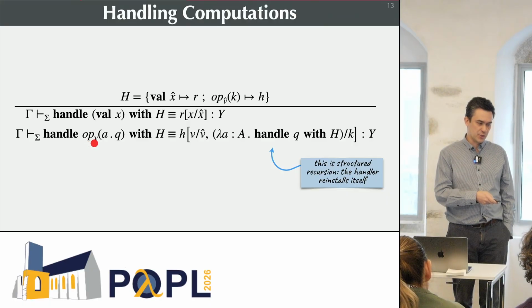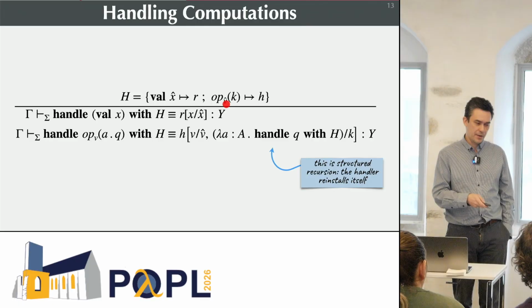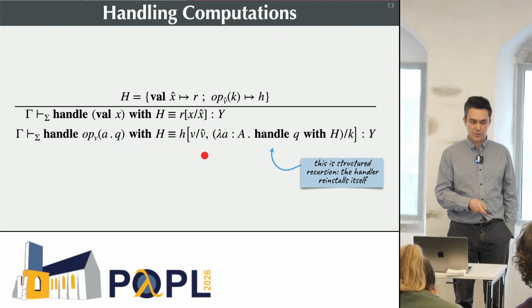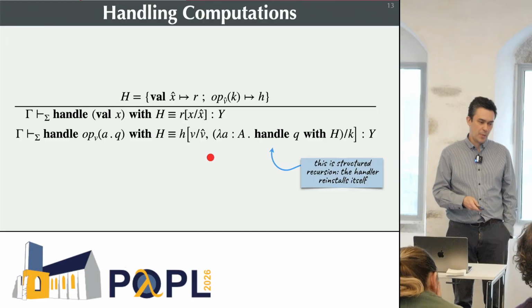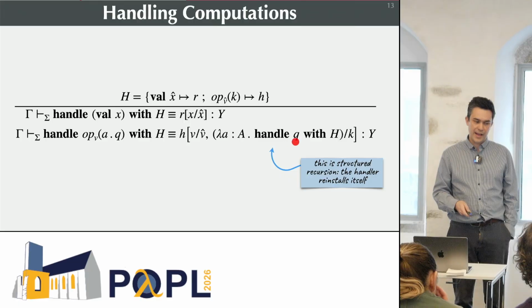With a particular operation, when we handle with some h, big H, we execute the interpretation of that operation, which is sensitive to the parameter v and the continuation k. We substitute the actual parameters into the formal ones. But in particular, in the continuation parameter, we reinstall the handler big H on the residual program Q that we're going to carry on with.